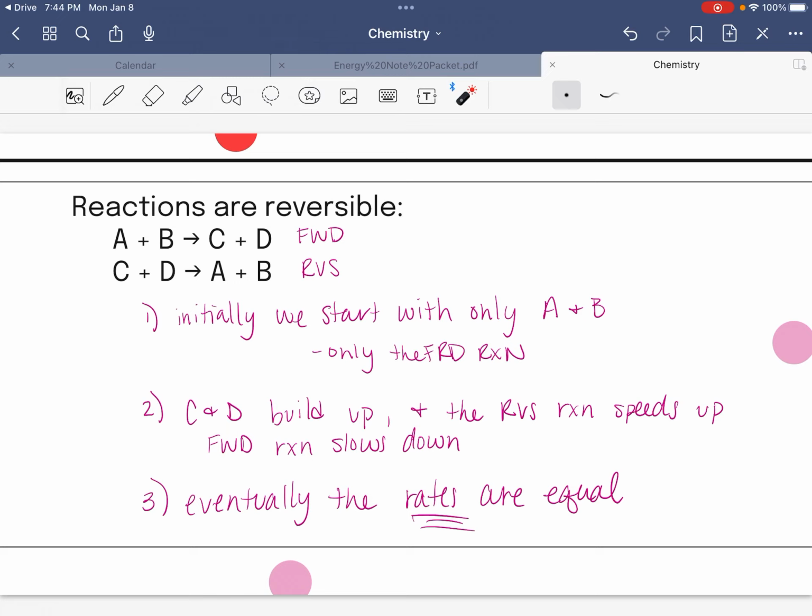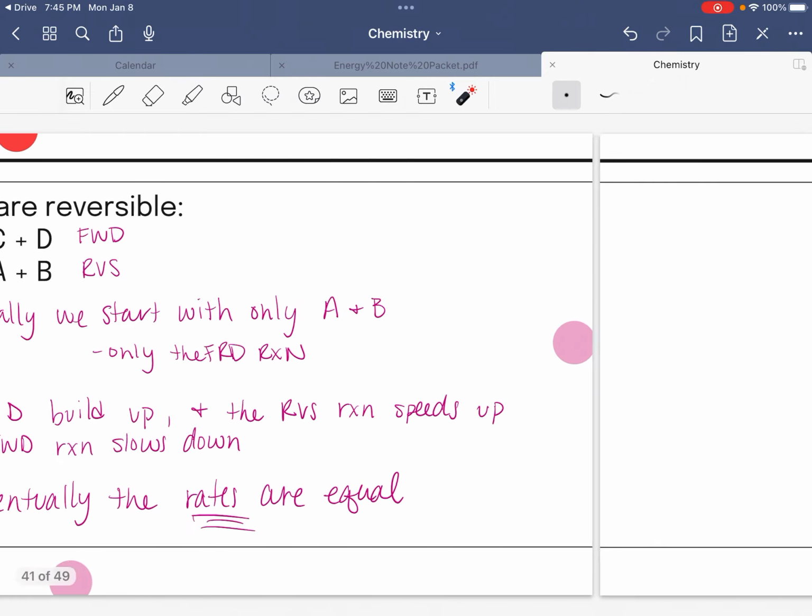So the concentrations of any reactant or product remain the same. This has to do with rates. The concentrations of each species are not necessarily equal; it's just that the rates are going to equal out. We'll see this in a graphical representation on the next slide.